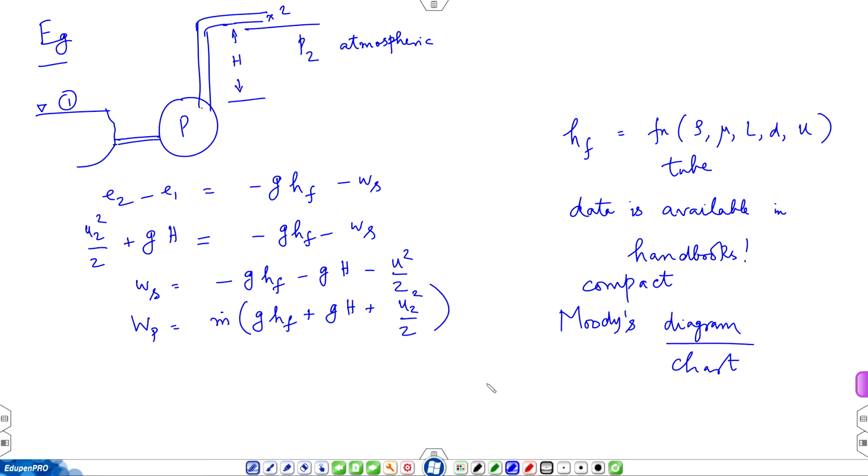where the term friction factor and Reynolds number, these are introduced.